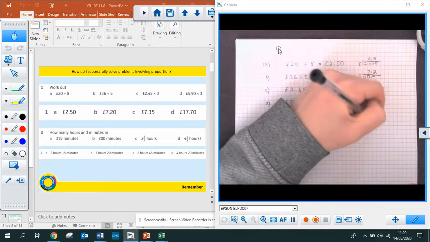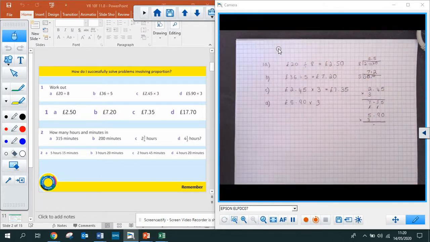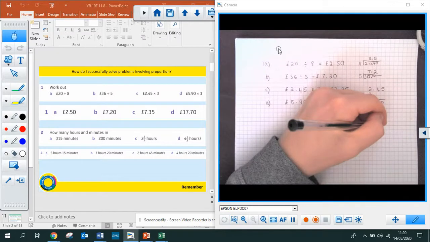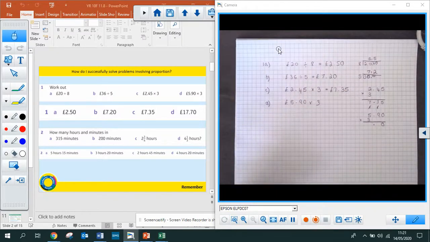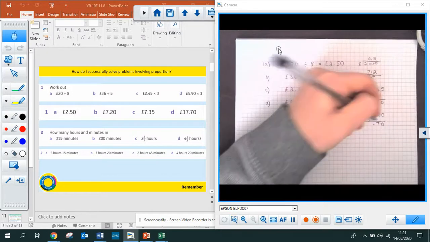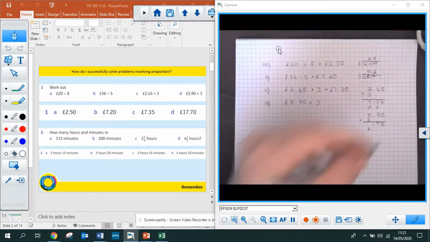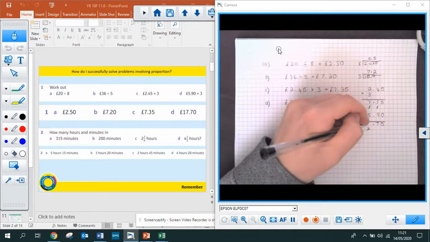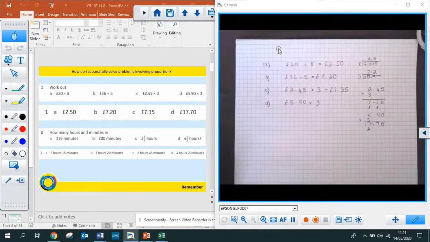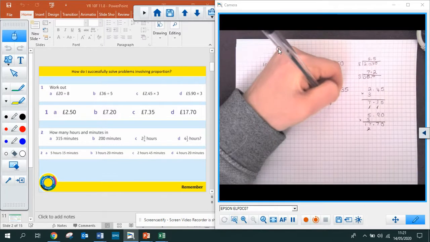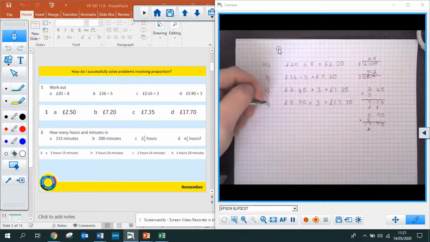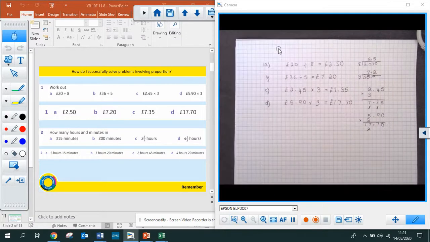Your line underneath, line up your decimals. 3 times 0 is 0. 3 times 9 is 27, so 7 carry 2. 5 times 3 is 15, add 2 is 17. So £17.70 is your answer. Okay, so that's D. That looks a bit like an A there, so that's a D.